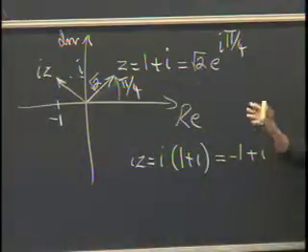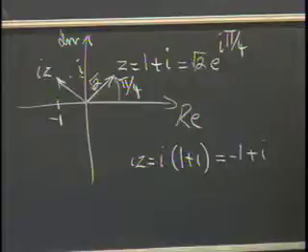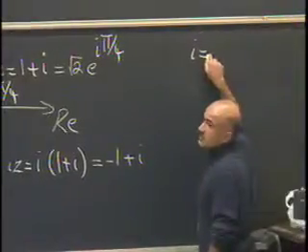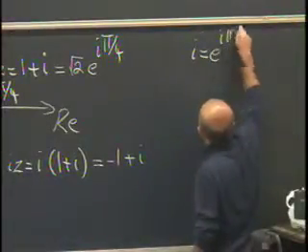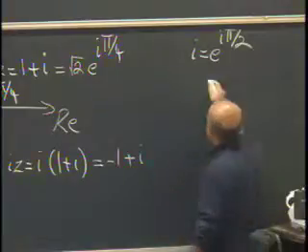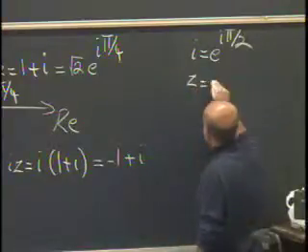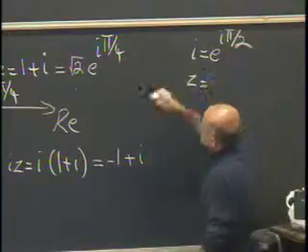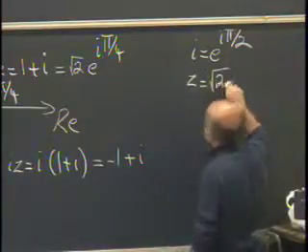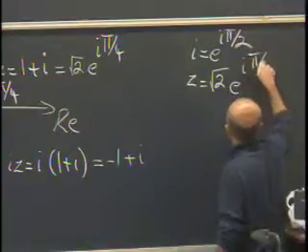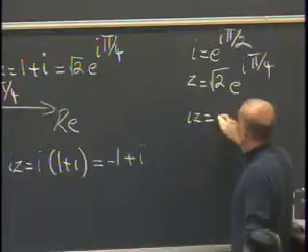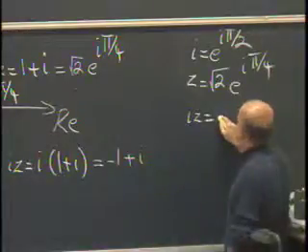Now, the other method you were using was by saying i is equal to what? E to the i pi over 2. And z is, in general, well, let's keep it specific to our number here, times that. So iz is what? Give it to me in polar form.